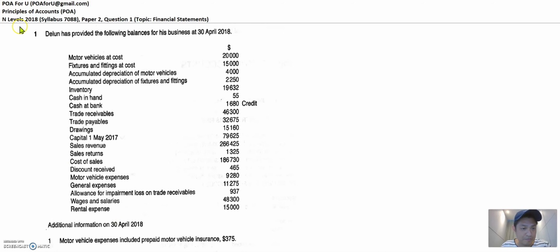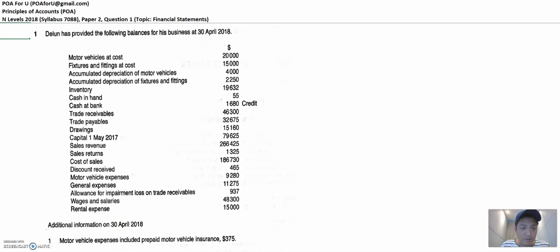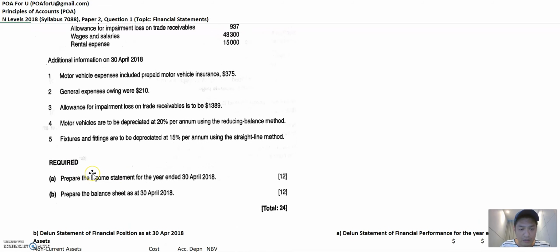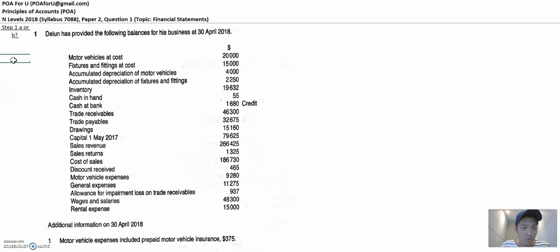So there are three steps that you need to do as a foundation before you attempt the statement of financial performance and statement of financial position. The first step, when you look at this trial balance, is to determine whether each of these items will be in the statement of financial performance or the statement of financial position. The statement of financial performance, as a recap, will have revenues, income, and expenses.